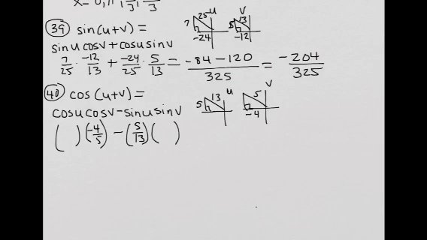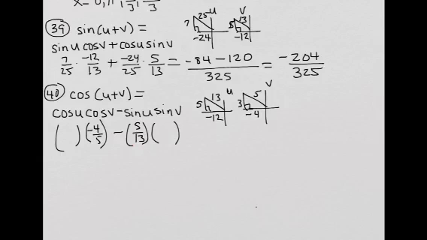Okay, so this one I set up a little bit differently, because for this one, I already put in the values that they gave us. So you were given these two values, so I just substituted the values ahead of time. And we still need to find the x value for angle u and the y value for angle v. So this is a 5, 12, 13 for angle u, so that's negative 12. And then v is a 3, 4, 5, so the y is a 3.